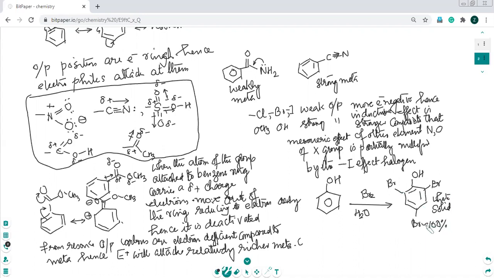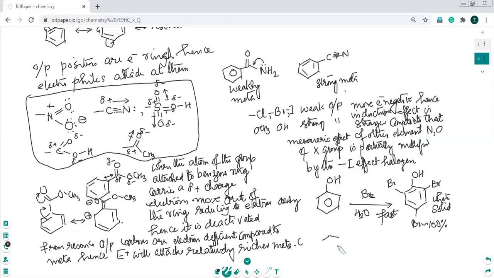It's a very fast reaction. This forms a precipitate, a white solid, insoluble in water. So the tribromo product will be precipitated out. And since it is almost 100%, you can use this reaction for the purpose of analyzing phenol.